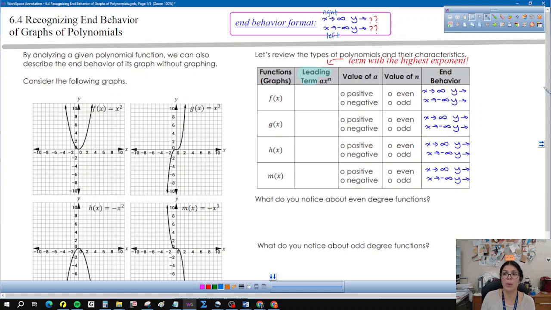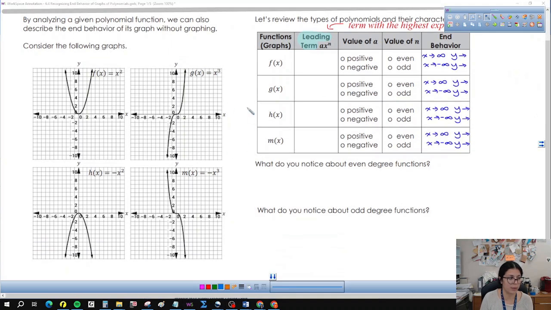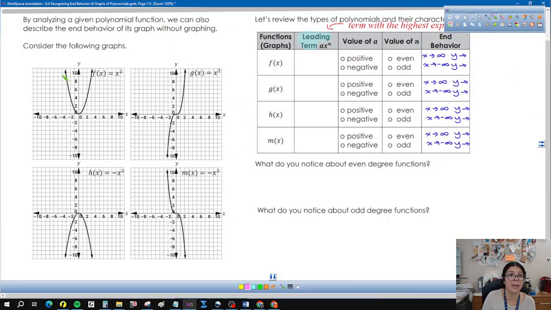So when we're looking at these graphs over here, notice that for quadratics, both ends are facing the same direction. So both ends go up, or if it's downward facing, then both ends go down. And notice again that this is a quadratic function, which has a power of 2, which is an even power.